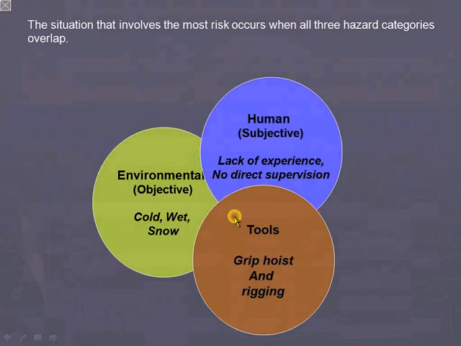The area where the three circles overlap right here is where you have created the highest risk.